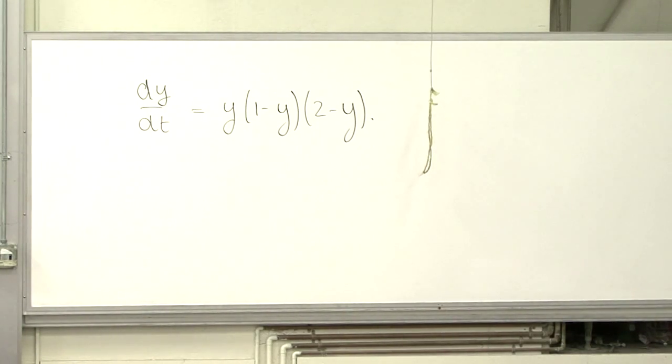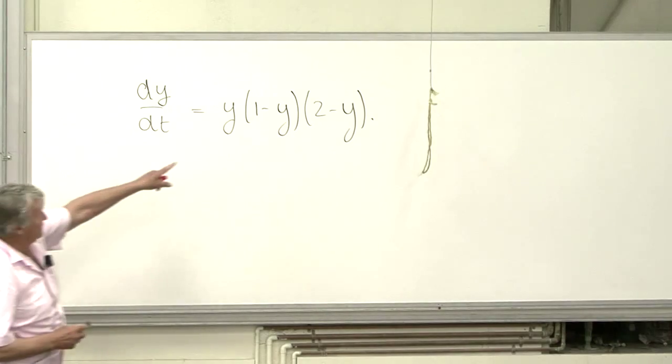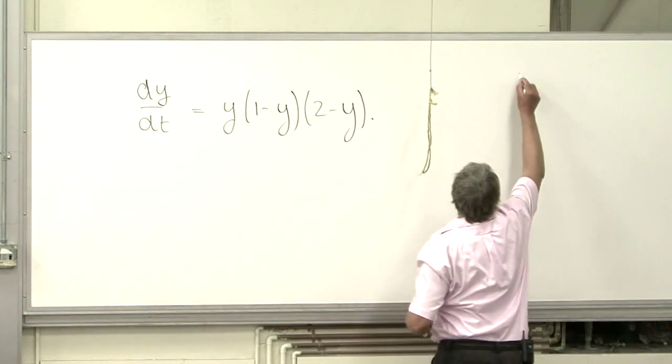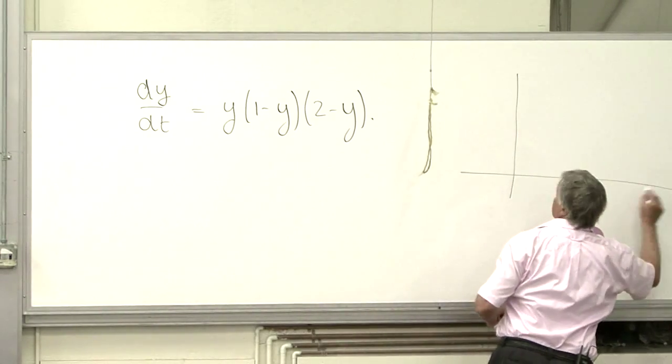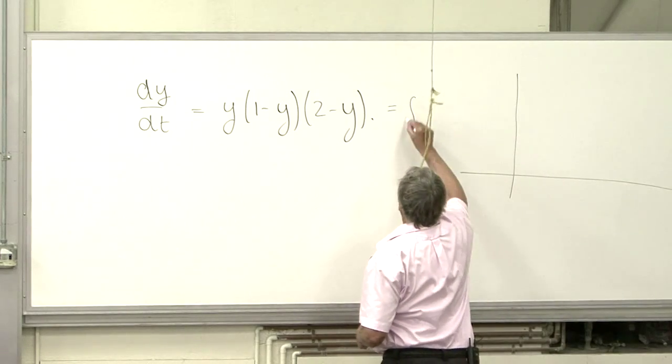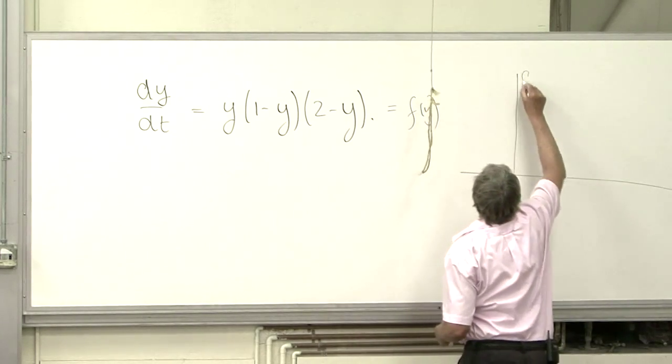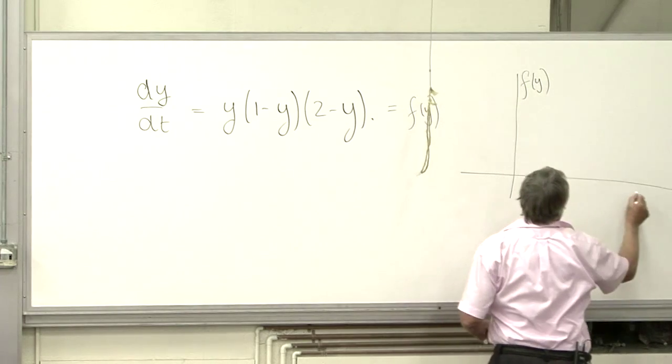Now, would you all take a minute and draw me the graph of the right-hand side versus y. So this is my f of y now. And I want you to draw the graph of f of y versus y.